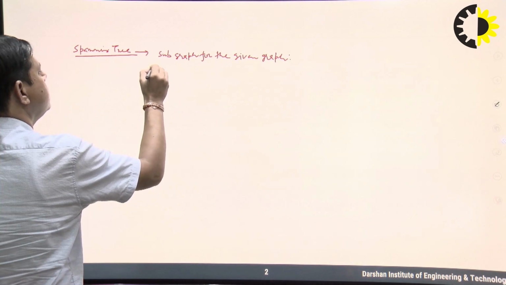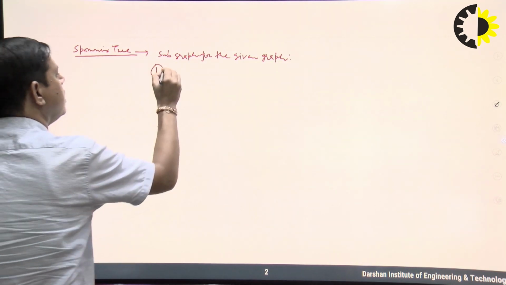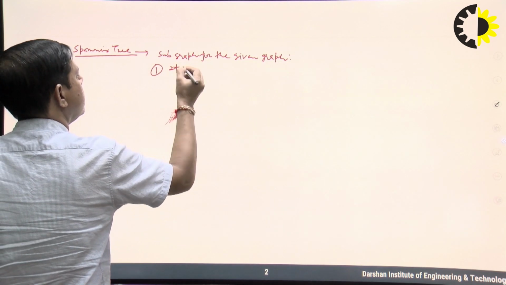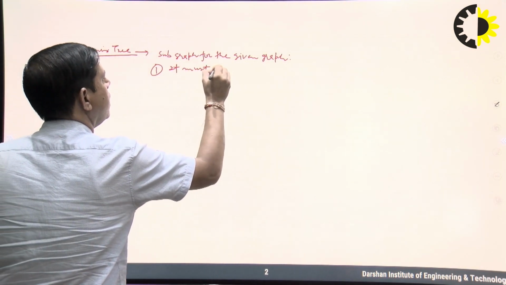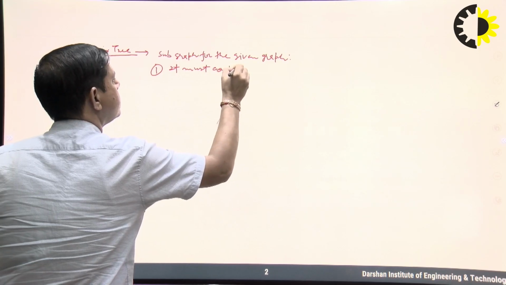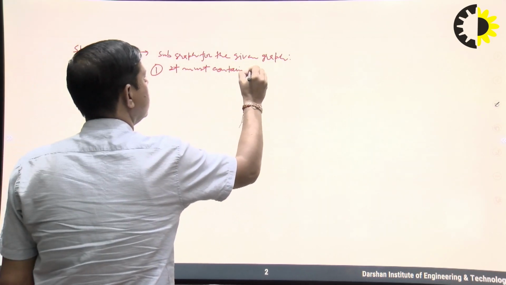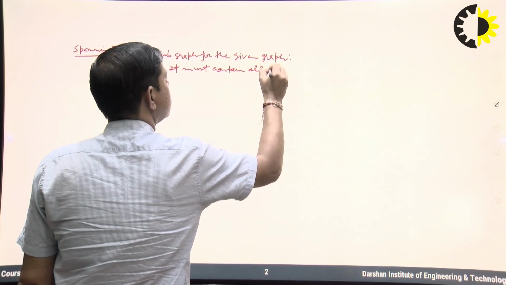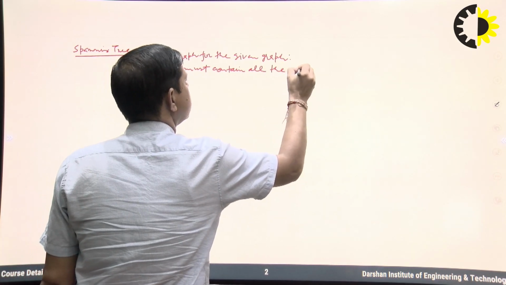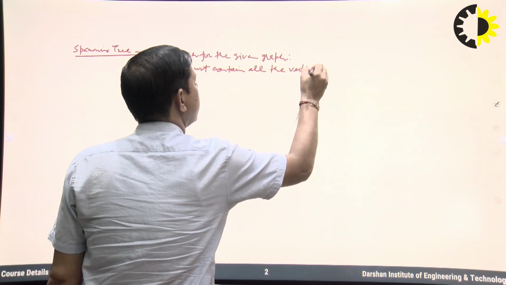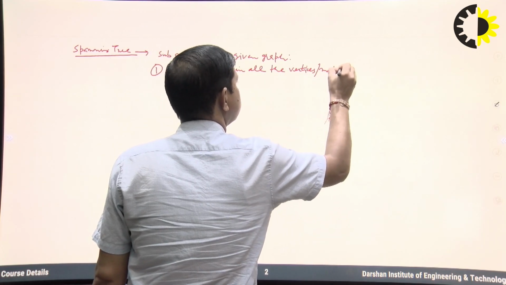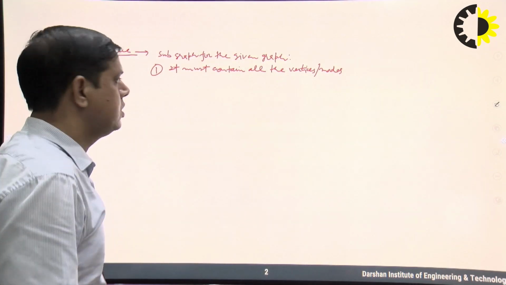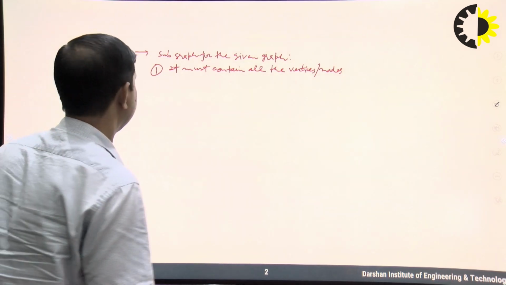The first one: it must contain all the vertices, or we can say nodes, all the vertices as in the main graph.